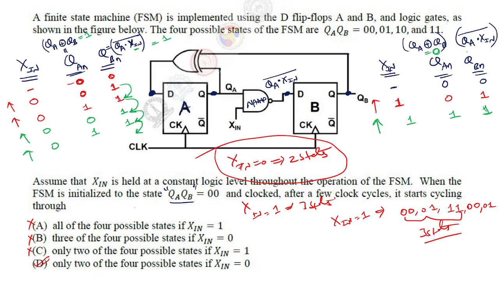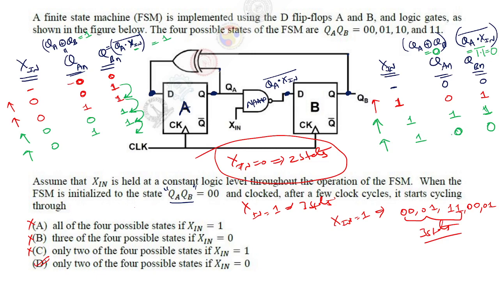What is this one? So when you apply the clock pulse, what will happen? 0, 0 will be passed to the outputs, right? Yes or no? Doubtful? Okay.